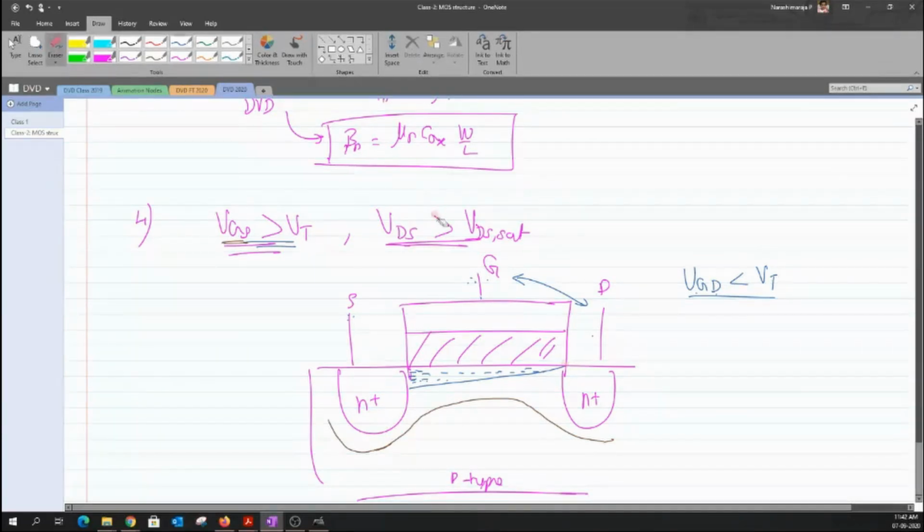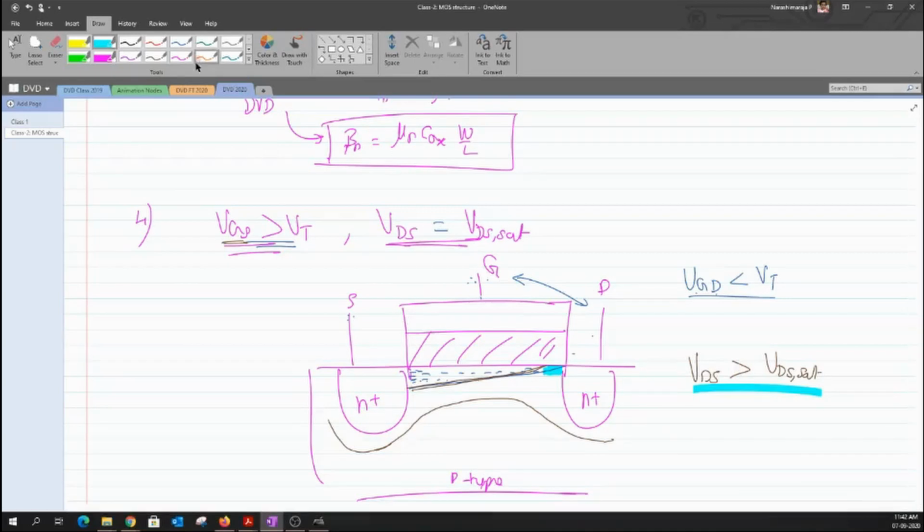More specifically, when the value of VDS is equal to VDS sat, then we are at the pinch-off condition. But now, let us try to increase the value of VDS greater than VDS sat. Now what happens? This channel will keep getting tapered. You could see that the channel is being shortened. You have a lot of electrons in this particular regime, but you don't have any electrons in this zone as you go beyond the value of VDS sat.